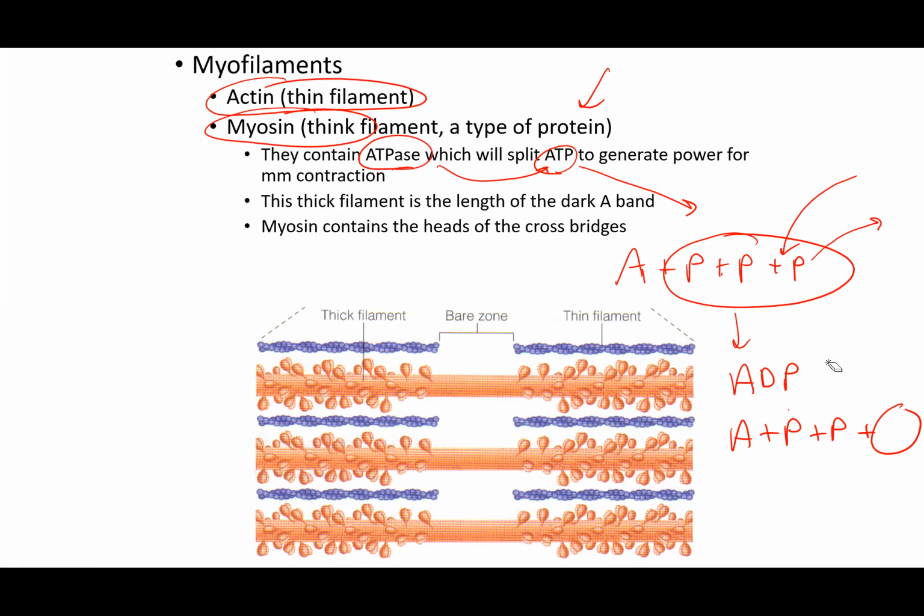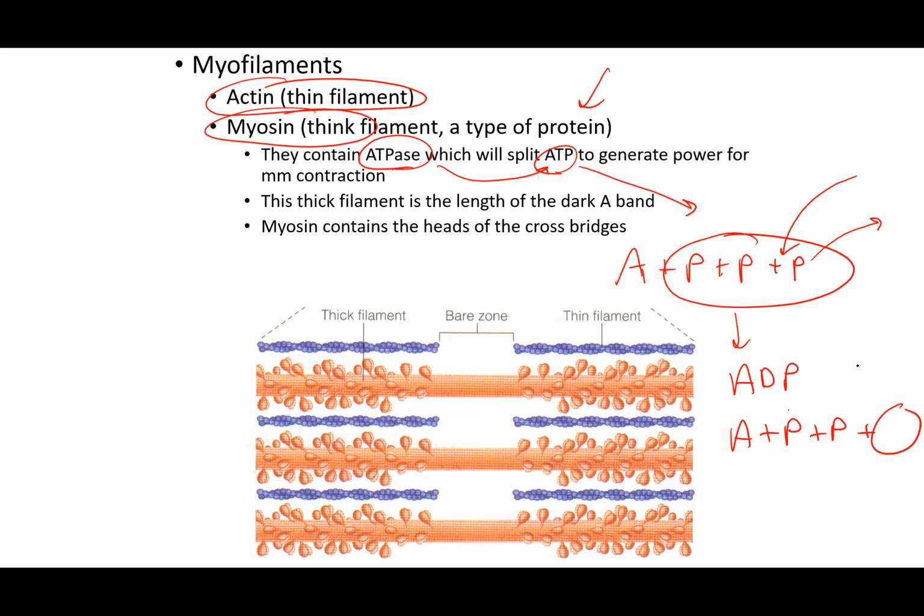So when you break off that last phosphate group, you're going to release energy, which allows for muscle contraction. This is where our energy and our power come from, the fact that you have the ability to produce ATP in the body.